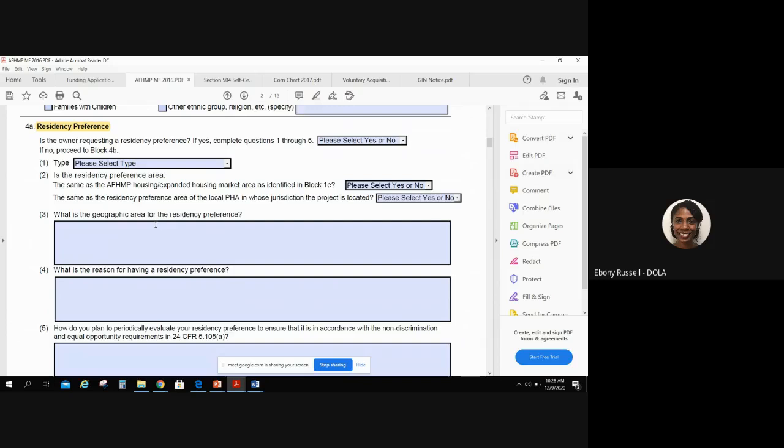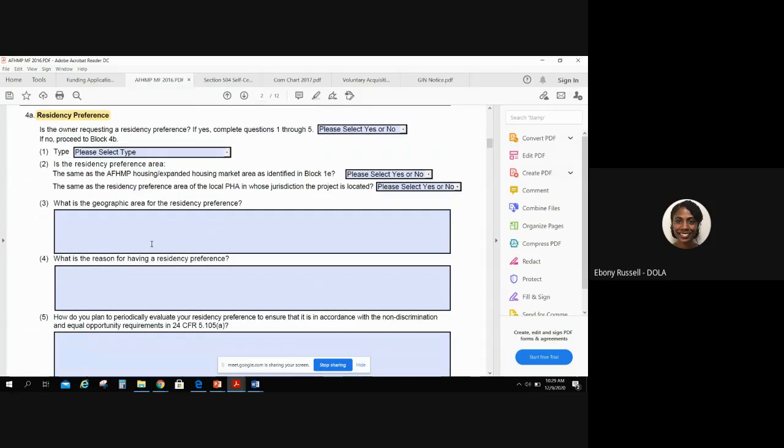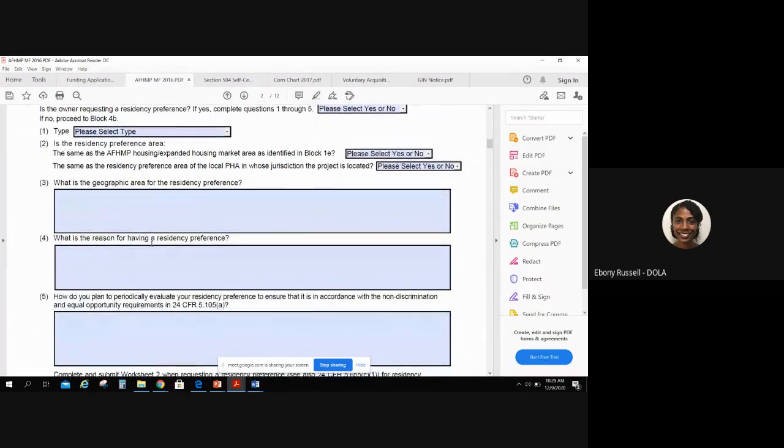Any residency preference that you select must be in accordance with the non-discrimination and equal opportunity requirements contained in 24 CFR 501.5A. So if you're going to claim a residency preference, you should look that guidance up and make sure that you don't run afoul of that.